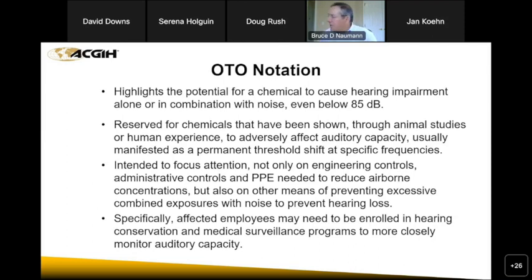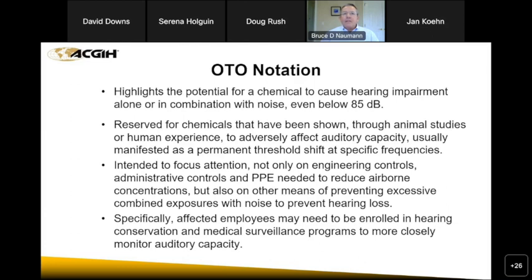The ODO notation highlights the potential for a chemical to cause hearing impairment. Even if noise levels are below 85 dB, it's reserved for chemicals that have been shown through animal studies or human studies to cause a permanent threshold shift at specific frequencies.